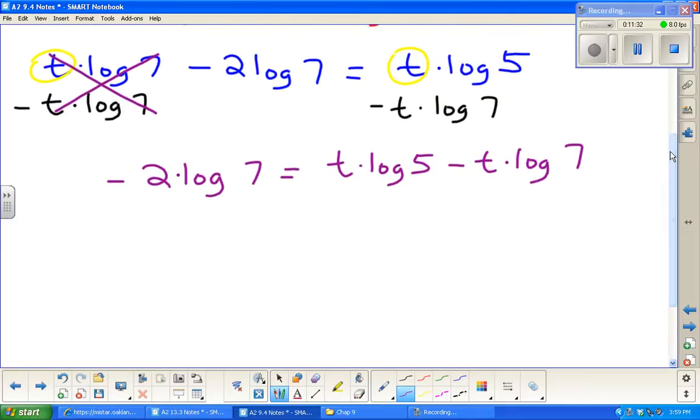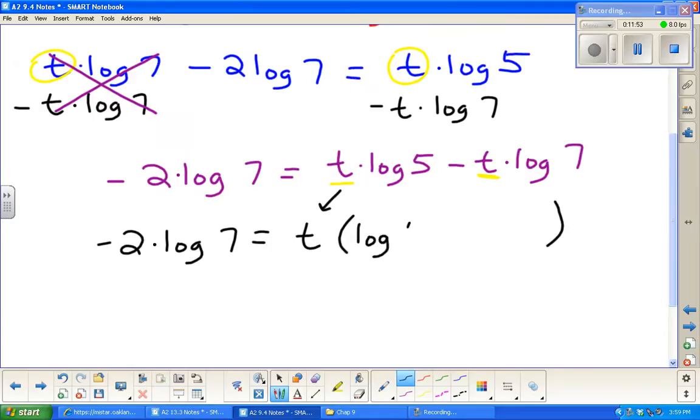The reason I did that was because now we can do a little factoring. These things both share a t. So if I rewrite this side and factor that t out, common factor of t, it would just be log 5 and minus log 7.